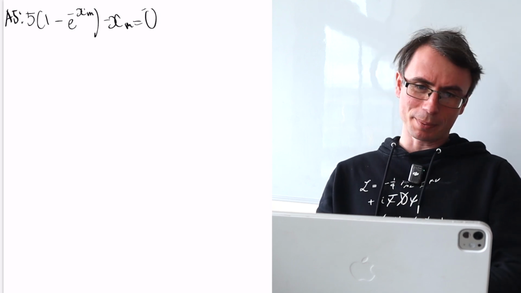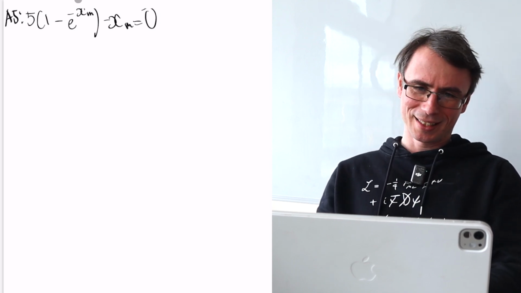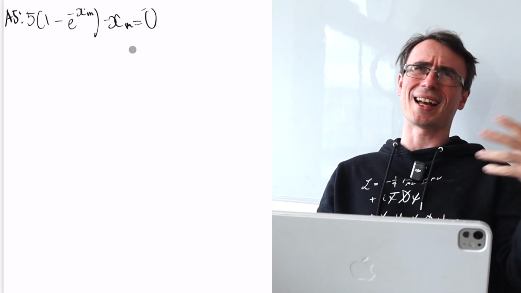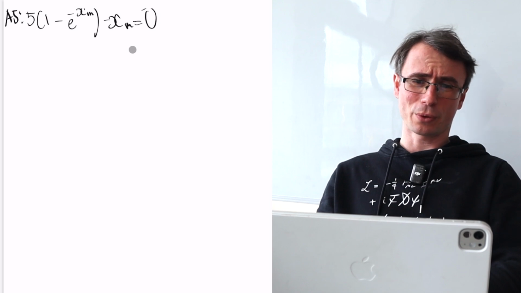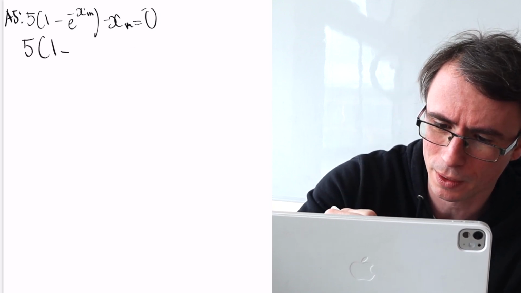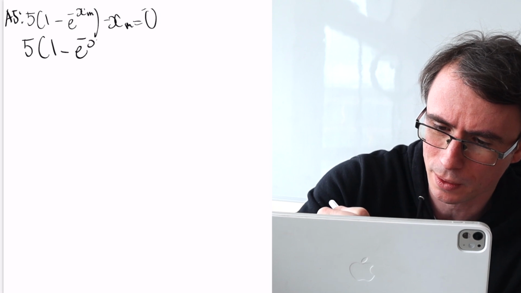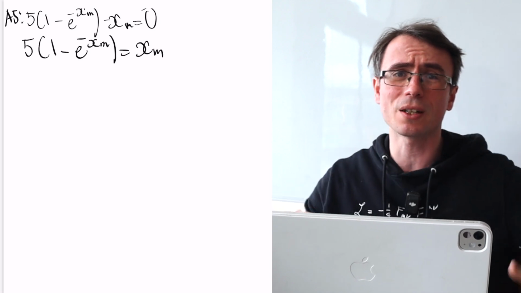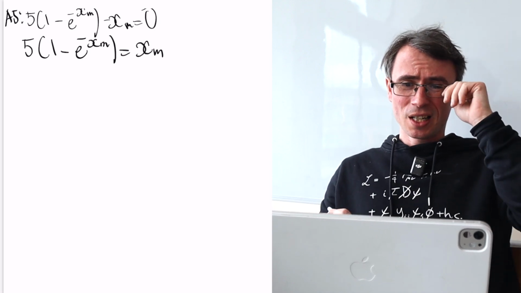Now, any mathematicians out there, please tell me that I'm not wrong, that this thing here has no real solutions, because we get this 5 times 1 minus e to the minus xm is equal to xm. This here is a transcendental equation.